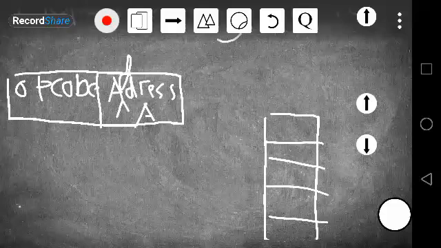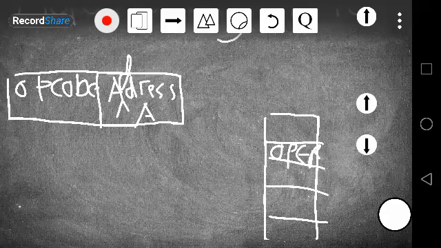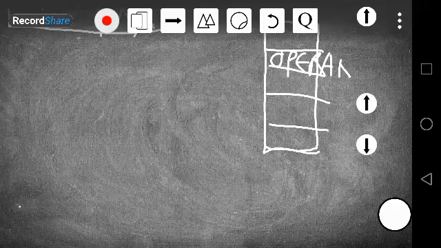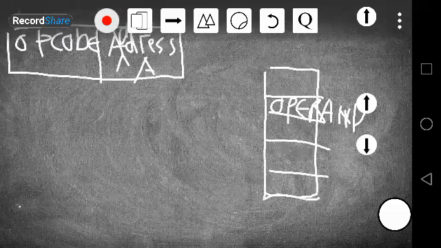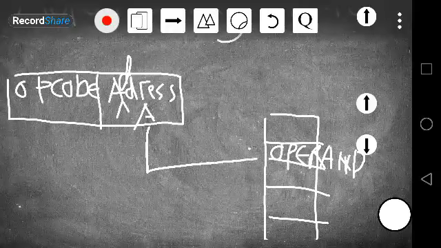So the operand, or the data, is here. Now this is the operand. So this is what happens.